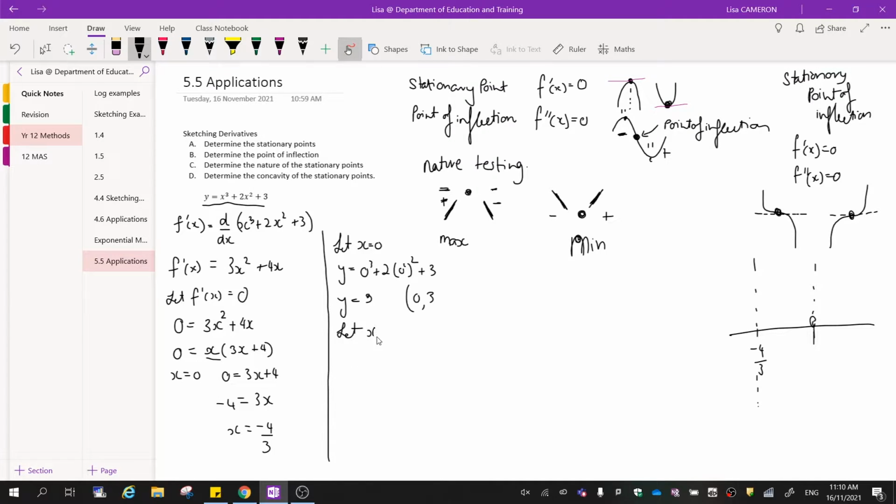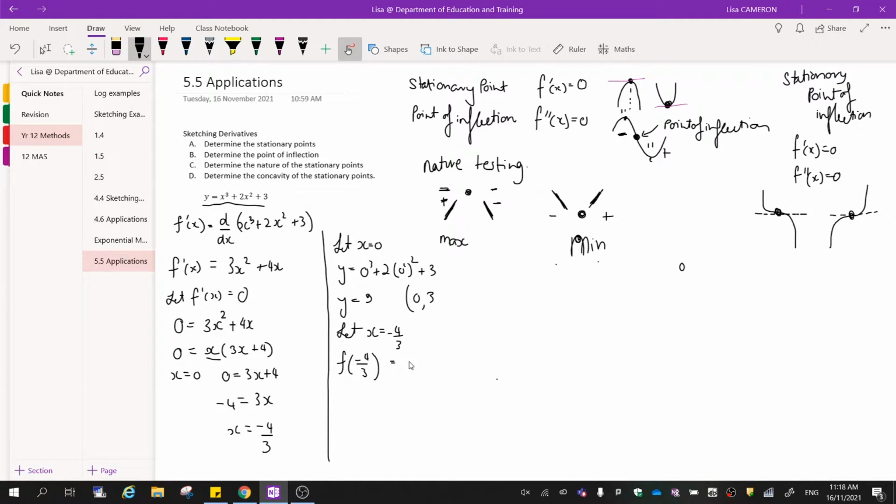The next one, we're going to let x equal negative 4 on 3. Okay, so now we're going to substitute this value into our original function. So this is how I'm going to show that I'm substituting this value back into this function here.